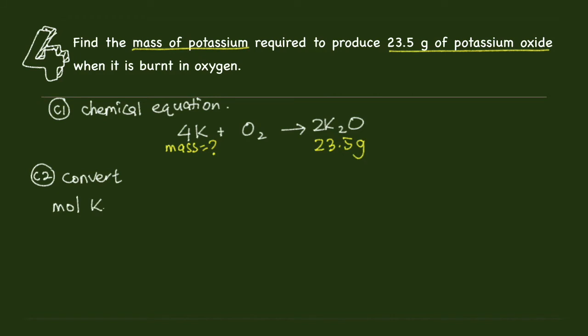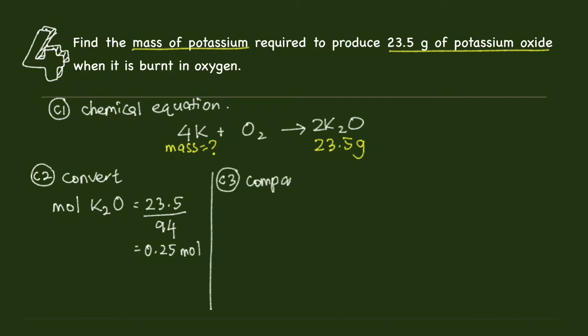C2 is convert. Convert any information given into mole. So you have to find the number of mole for K2O. It is 23.5 over 94, which is molar mass of K2O, equal to 0.25 mole. C3 is compare.